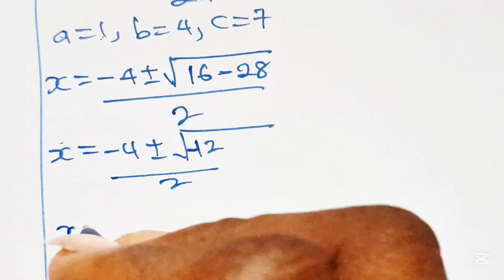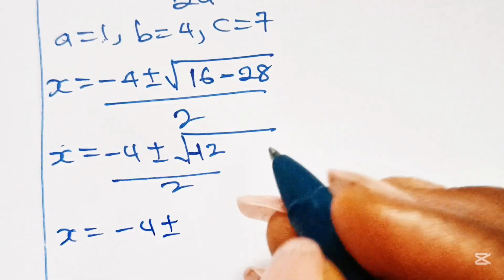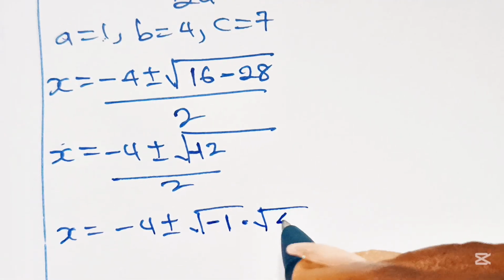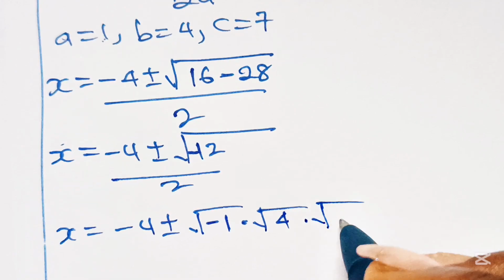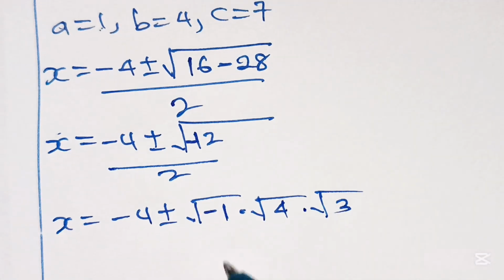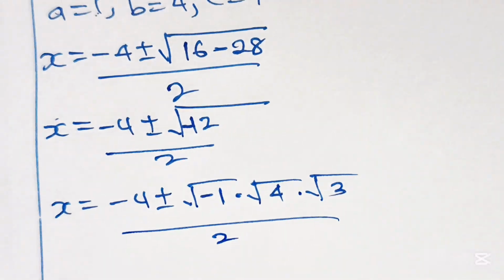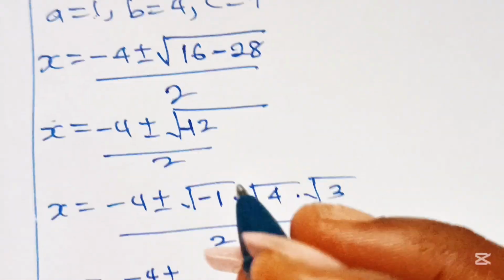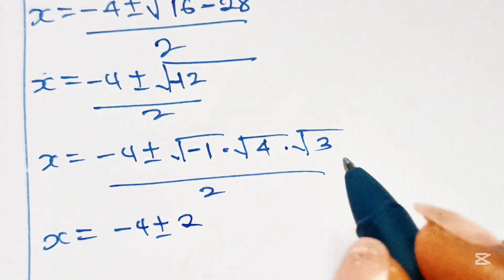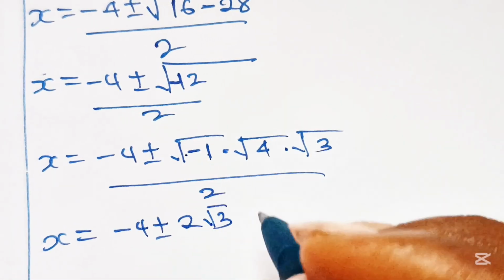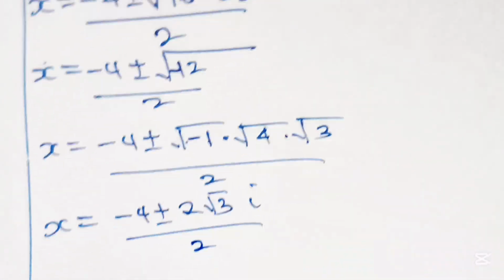So x is going to be minus 4 plus or minus square root of minus 1 multiplied by square root of 4 multiplied by square root of 3. All these things, when you multiply them, you get minus 12, divided by 2. So our x is minus 4 plus or minus, now square root of 4 is 2, so we have 2 root 3, and square root of minus 1 is i, divided by 2.